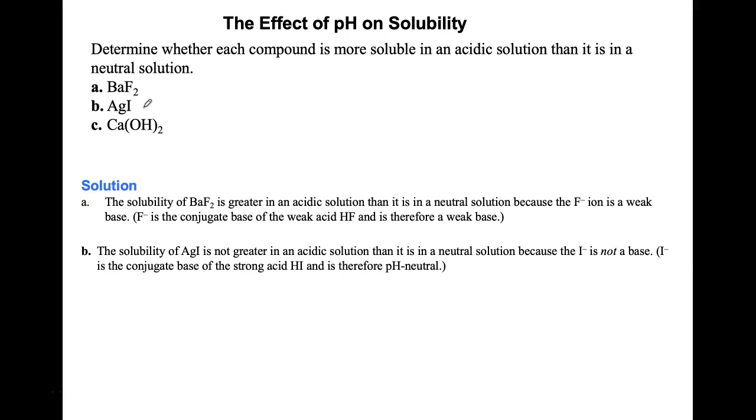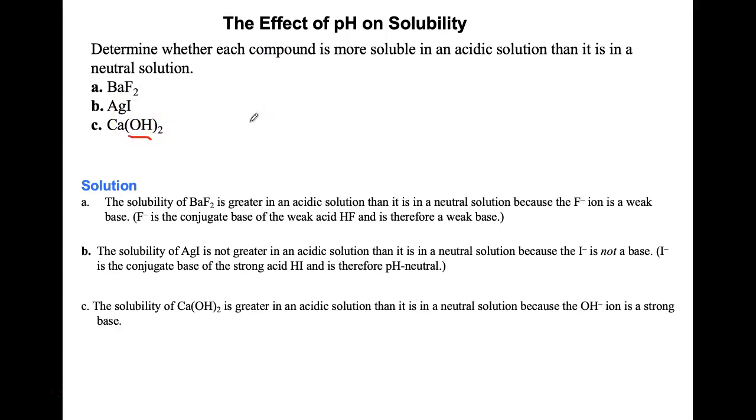There's really no difference. Now, the last one should be pretty easy because you notice we have hydroxide here. Anytime we have a hydroxide compound, it should be more soluble in an acid because the acid will react with the hydroxide. So just as we expect, the solubility of calcium hydroxide is greater in an acid than it is in a neutral solution because the hydroxide is a strong base.